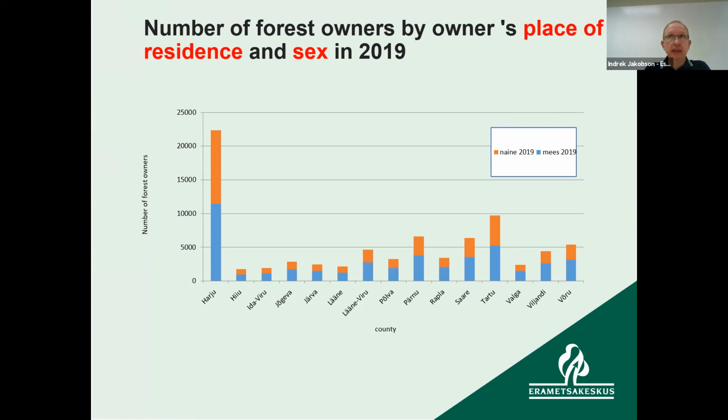Despite Harju County by territory being an average county, much less than 10%, it takes, as you see, nearly 1/3 of all Estonian forest owners. What does it mean? It means that an average forest owner doesn't live near their forest.